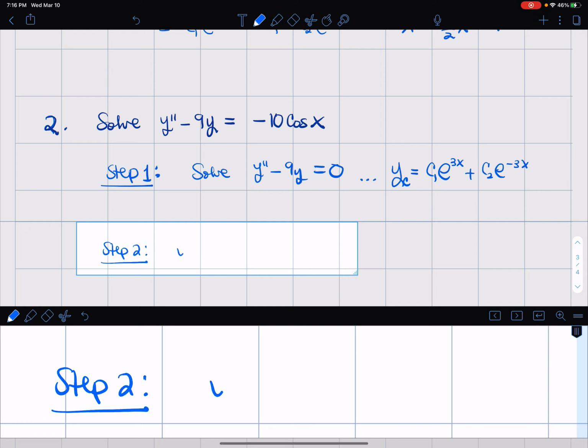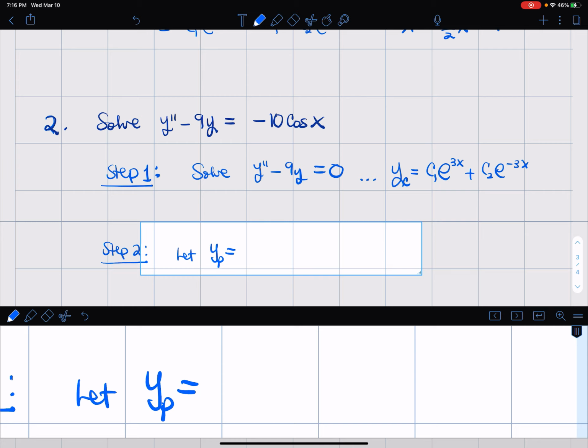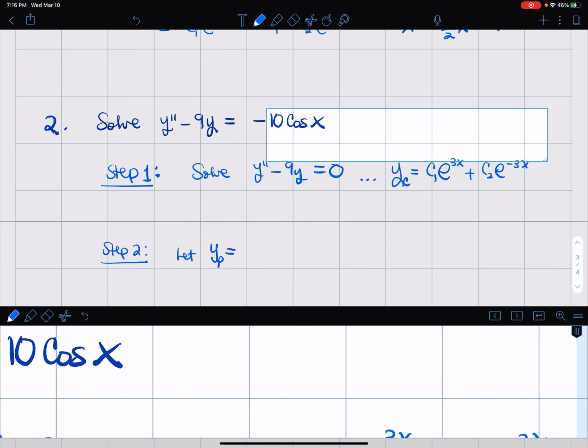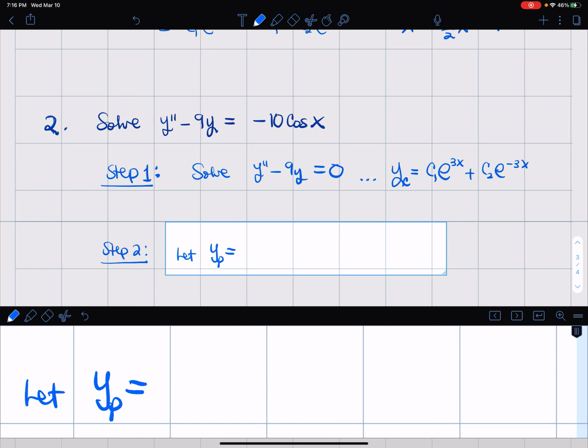So our yp, we can say let yp be equal to, now this is interesting. Whenever you have a cosine or a sine, you want your yp to be something like that. So you might want to go a cosine x.